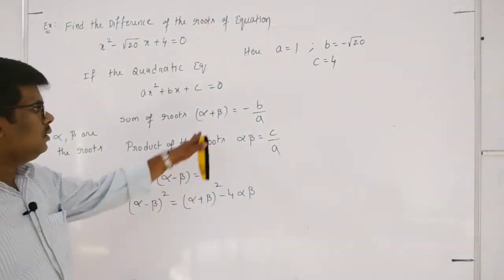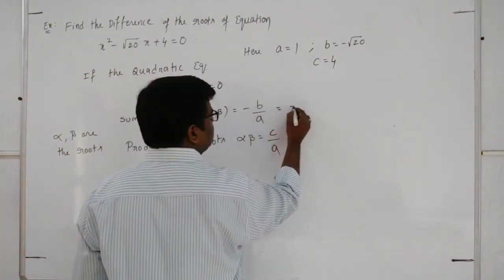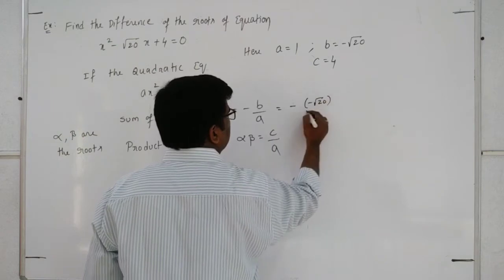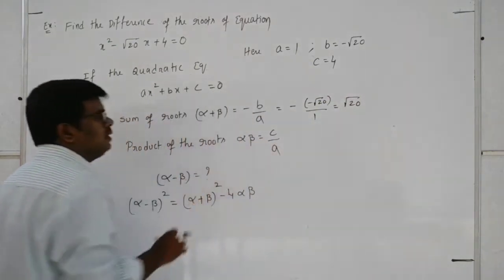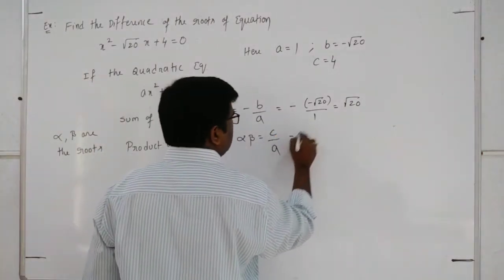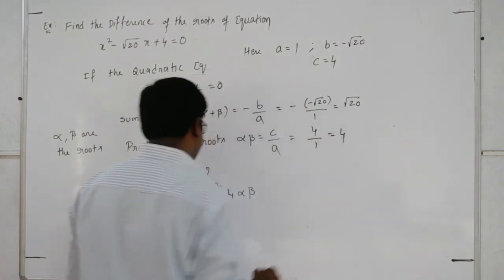Now the sum of the roots, alpha plus beta, means minus b by a, no? So minus b means minus of minus root 20, by a which is 1. That is root 20, so the sum of the roots is root 20. And the product is c by a. c is 4, by a is 1, that is equal to 4.